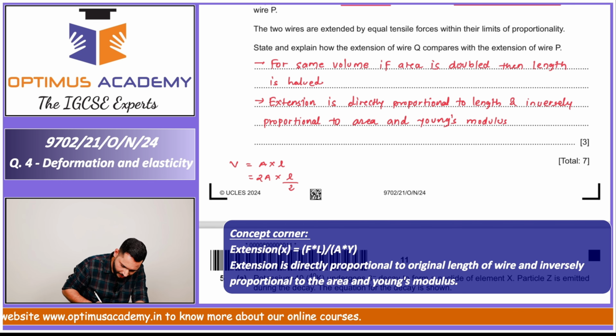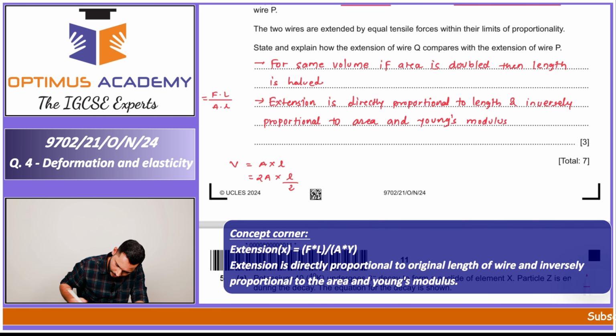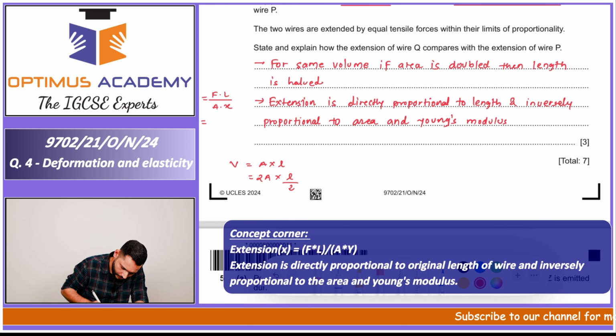Why so? Because we have the formula for Young's modulus. It is F into L upon A into small l, or you can say x. Instead of writing small l, we will write x. So x will be F into L upon A into Y.